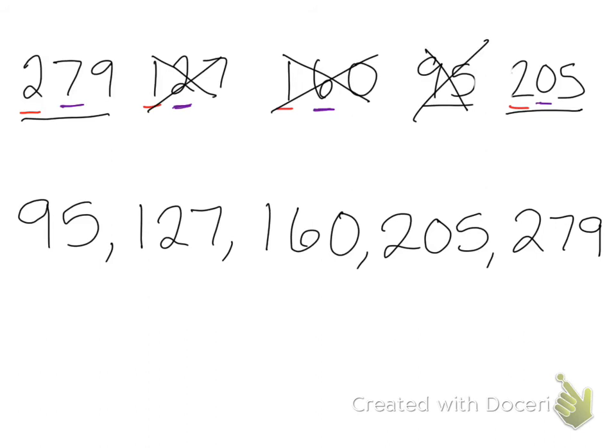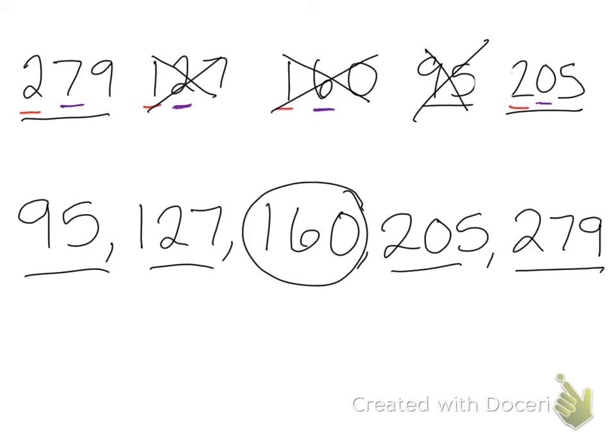Okay, so after I order the numbers from least to greatest, I can find the middle number. And the middle number is the one that's right in the middle. So in this case, that's going to be 160, because I have 2 numbers on the right and 2 numbers on the left. Okay, mathematicians call this number the median.